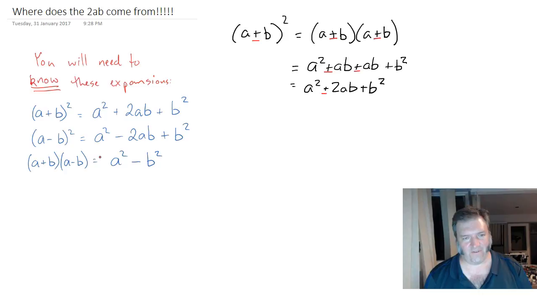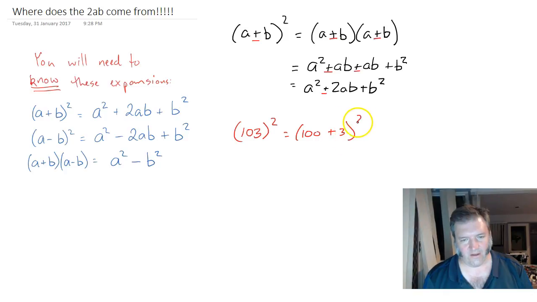When would you ever use this? Well, a nice easy example of where you might want to use this. Let's say you have 103 squared. You're sitting there doing your paper one and you've got to square 103 for some reason. You don't want to write it all out. If you think about this as 100 plus 3 all squared, your life becomes a lot easier, doesn't it?